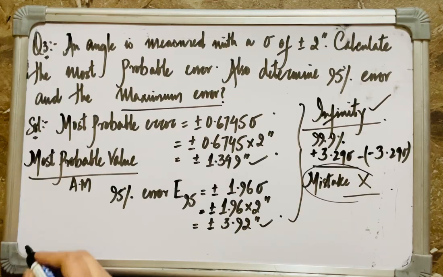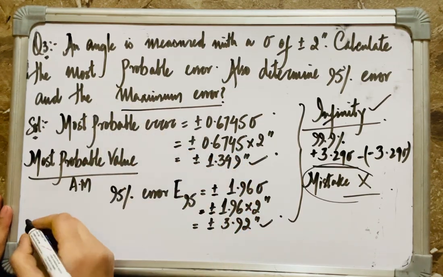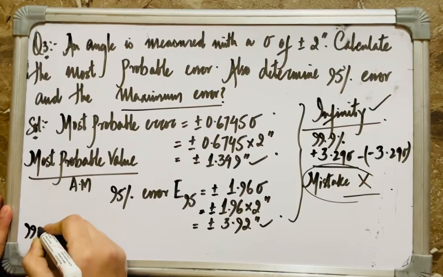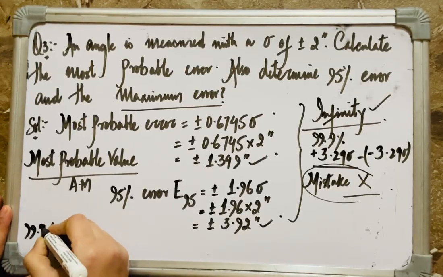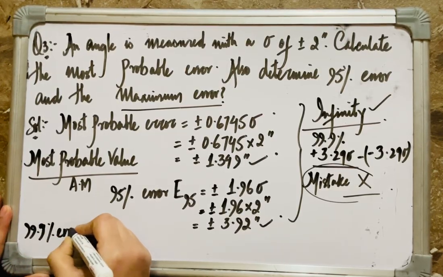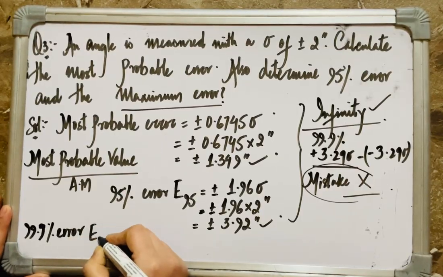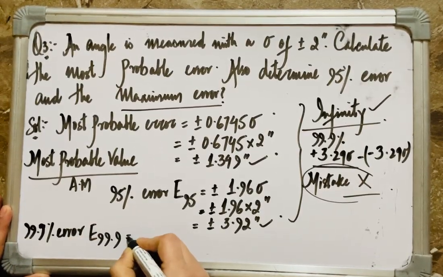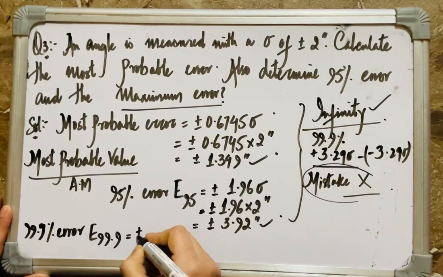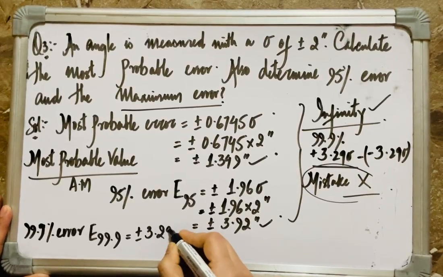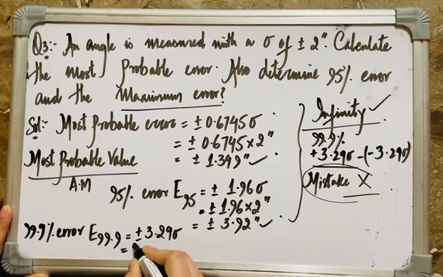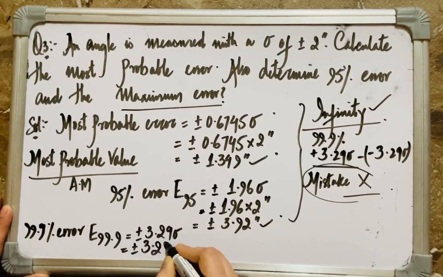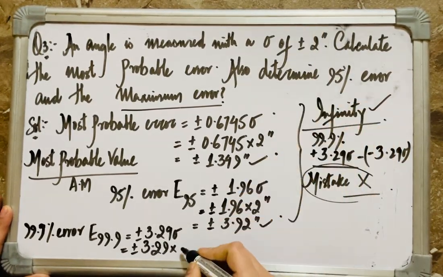All right, so let's calculate this. I have to calculate my maximum error. It is known as 99.9% error, and is expressed as E99.9, and is equal to how much? Plus minus 3.29 times standard deviation. That is, plus minus 3.29 times my standard deviation, which is 2 seconds.